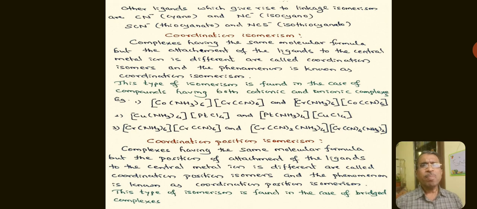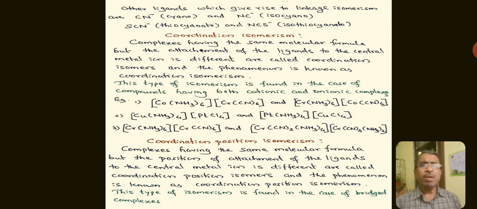The second example of this category is tetramine copper 2 tetrachloroplatinate 2 and tetramine platinum 2 tetrachlorocuprate 2.